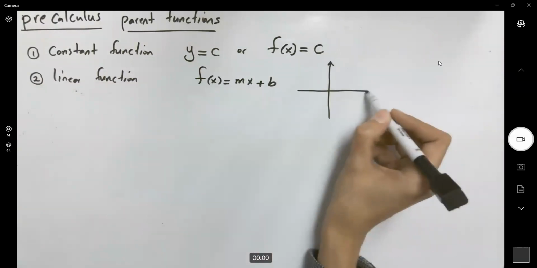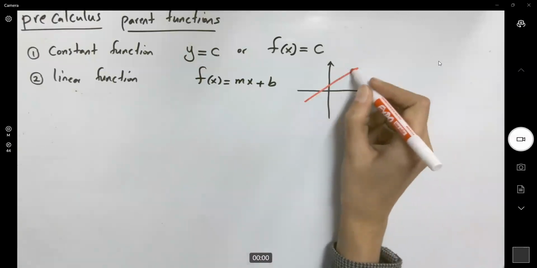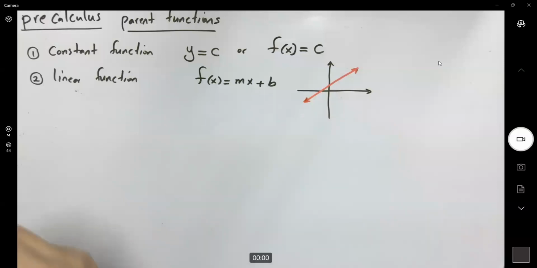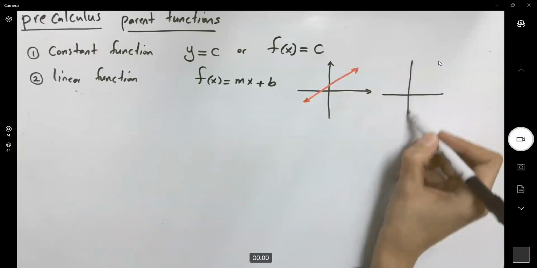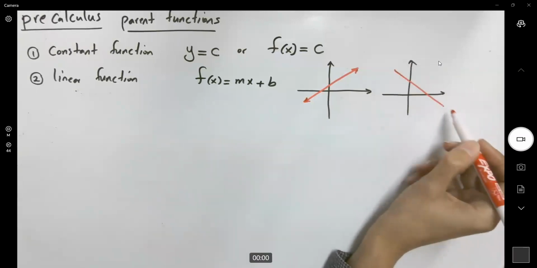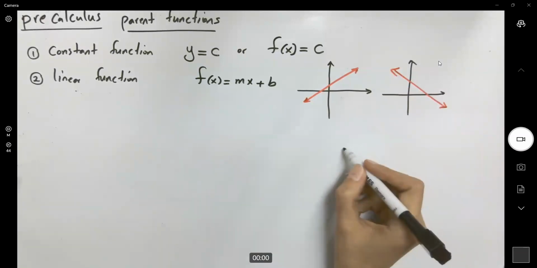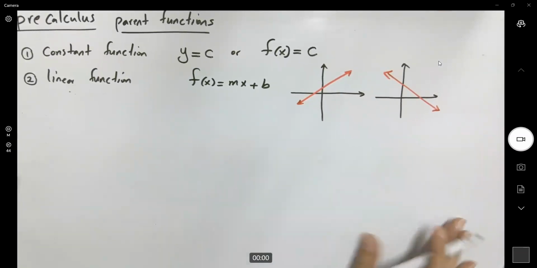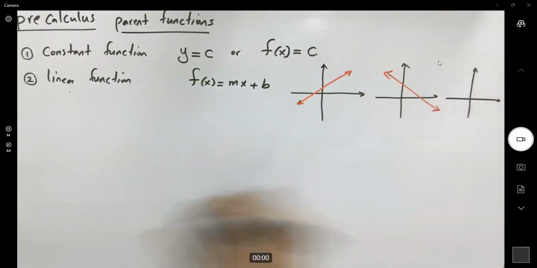This graph is either increasing or it is decreasing, or you have a flat line. So we have a spline for the flat line.